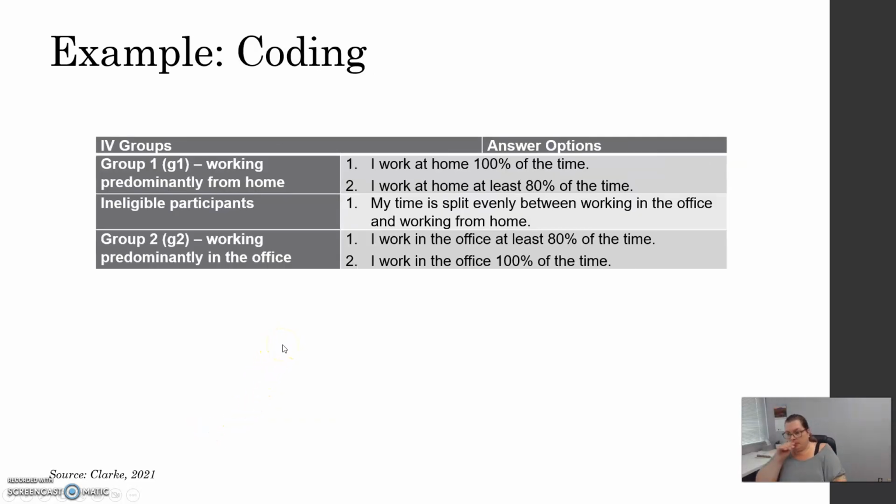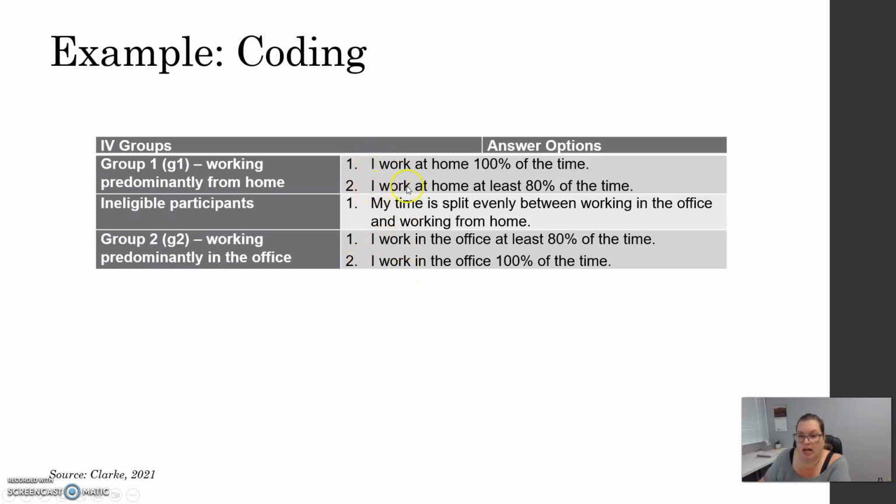For coding, I just wanted to mention this for you. For my study, my independent variable had two groups, working predominantly from home and working predominantly in the office. In the demographic survey, I asked respondents to tell me where they work most of the time, and they were given the option to select one of these.